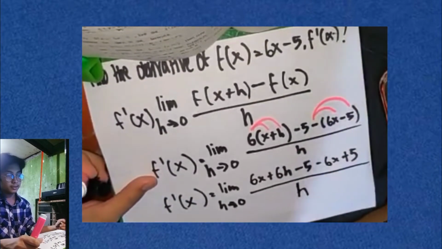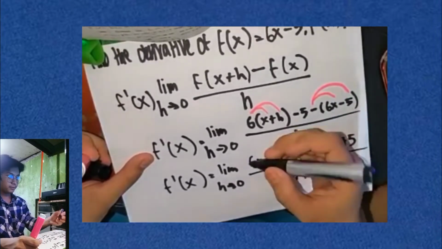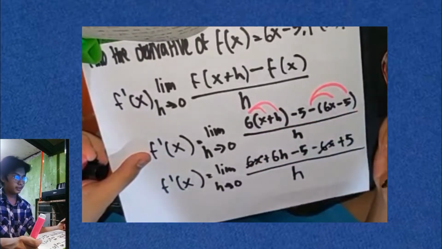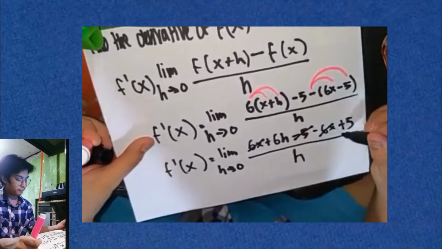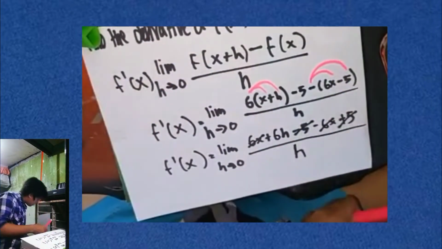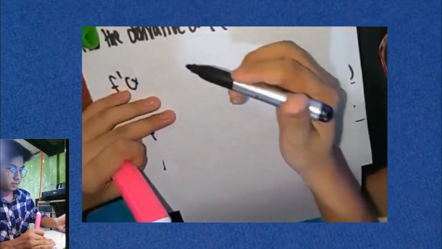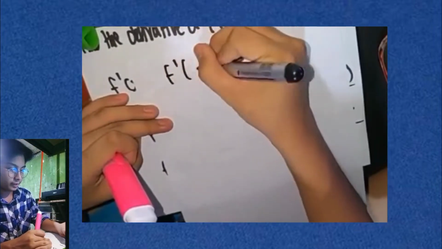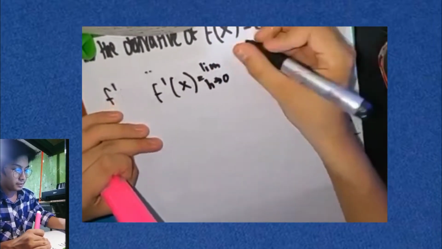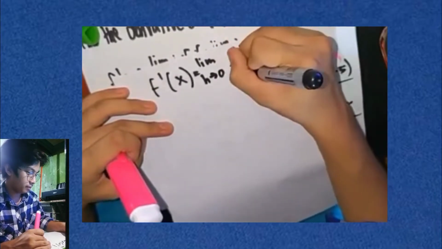Then next is to cancel the same terms or similar terms. 6x is cancelled and negative 6x is cancelled. Then negative 5 and positive 5 is cancelled. So let's write everything. f prime of x equals limit of function h approaches 0 is equal to 6h over h.